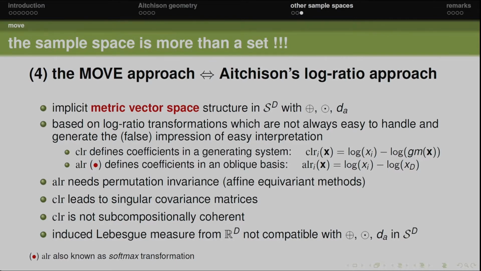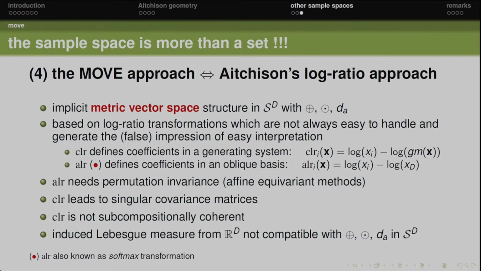We have heard about the second, the ALR, in the previous talk, which is a log ratio with respect to a fixed or reference component, or the CLR that was mentioned in the debate, which is the log ratio of every component about the geometric mean.